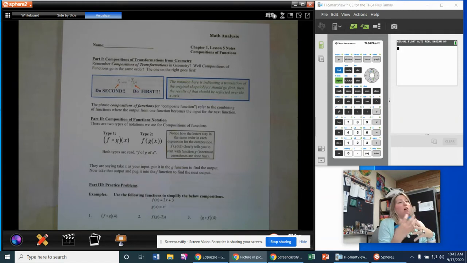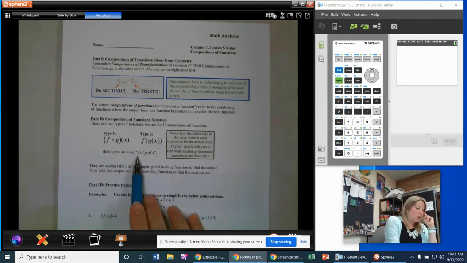If we are plugging a value into two functions, we go through the first function's rule and get an output. Now you use that output as the input for the following function, and the end result is the end of our composition.